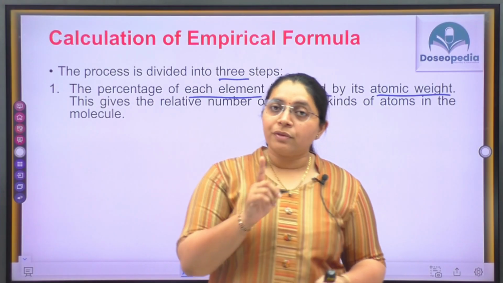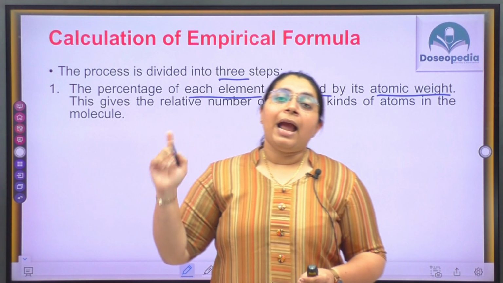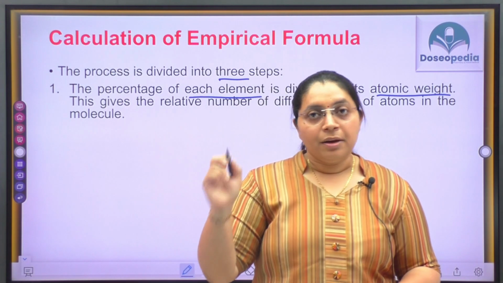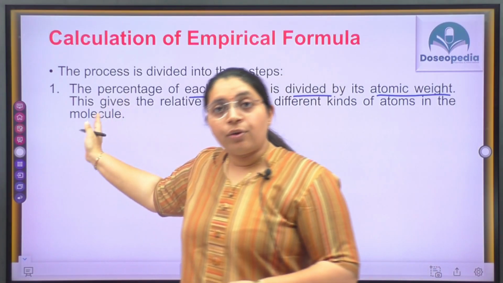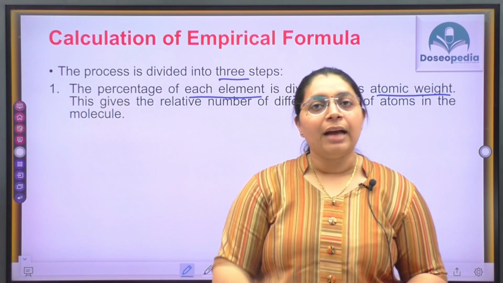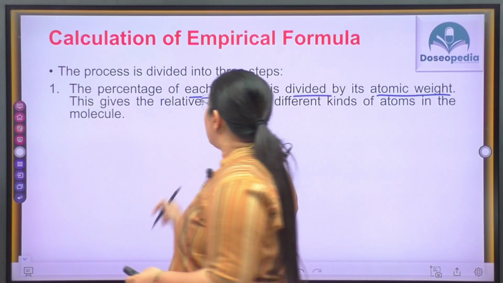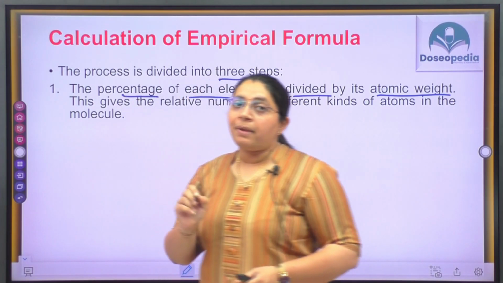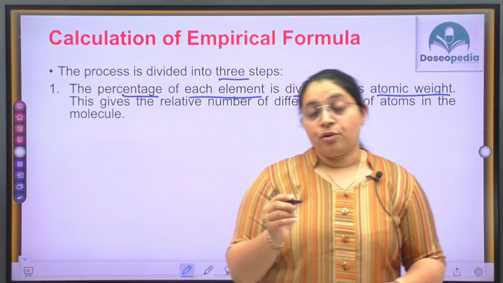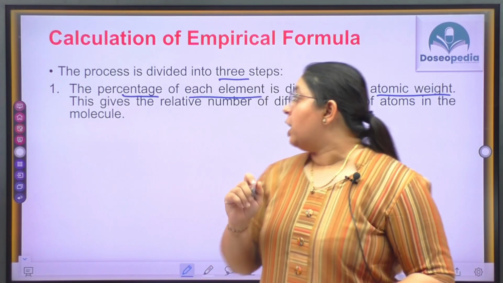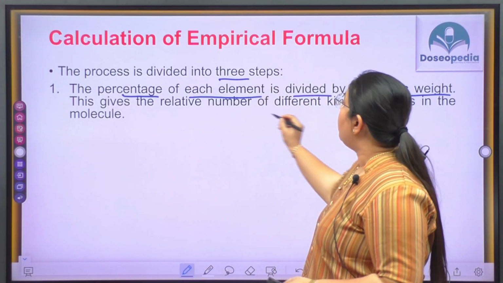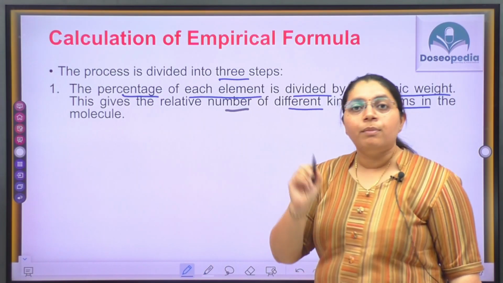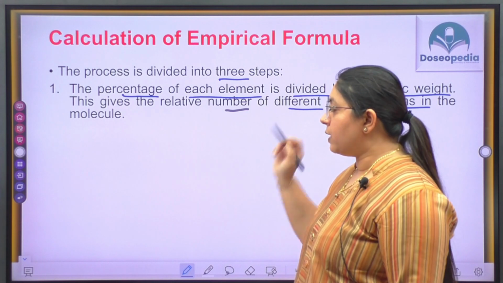So first of all, go to the periodic table and memorize the atomic weights as well as atomic numbers, because to calculate the empirical formula you will need the atomic weight. Whenever you divide the percentage of an element by its atomic weight, you get a specific number. This gives you the relative number of different kinds of atoms in the molecule. So this is the very first step.